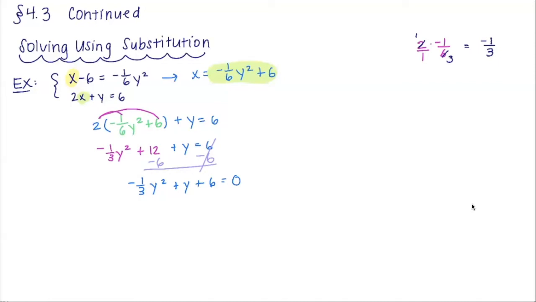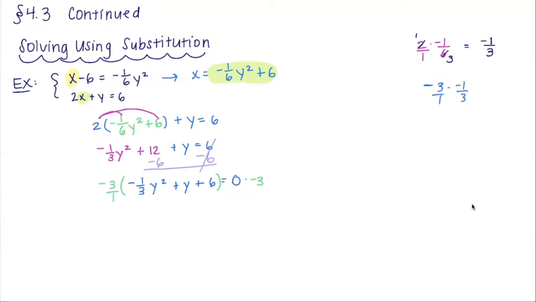So what I'm going to do to get rid of that is multiply everything by negative 3/1. And I know that's just going to cancel out that fraction, so I don't have to worry about it anymore. But whatever I do to one side, I have to do to the other. Luckily, I already made that 0, so it's not really affecting our right-hand side at all. So now if I go ahead and distribute, I have negative 3 times negative 1/3.